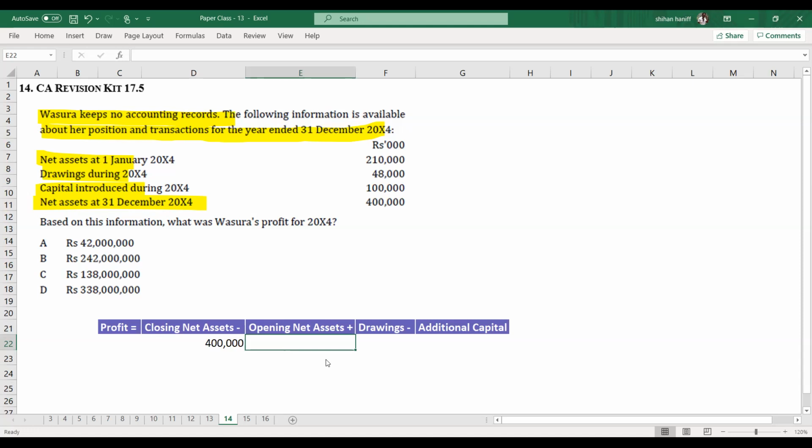Drawings 48,000. Capital introduced 100,000. What is the answer? 400 minus 210 plus 48 minus 100 is 138,000.